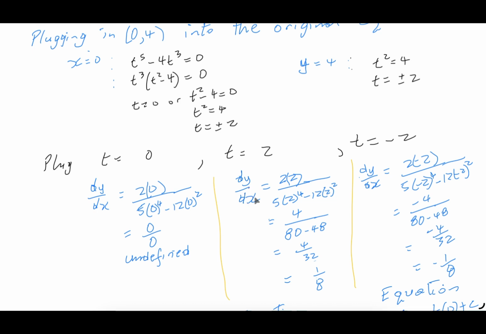At t equals 2, dy/dx is going to be equal to 2 times 2 at the top over 5 times 2 to the fourth minus 12 times 2 squared. So it's equal to 4 over 80 minus 48, which is equal to 4 over 32, which is 1/8. So the derivative at t equals 2, the gradient, is 1/8.